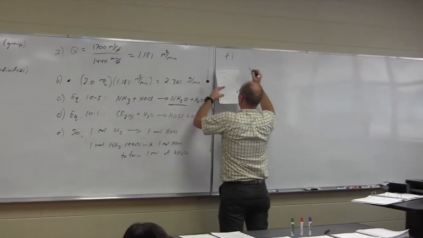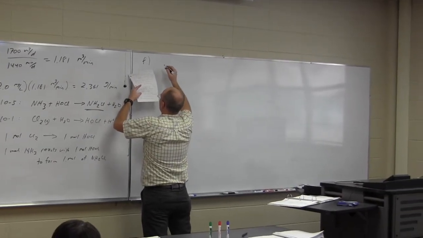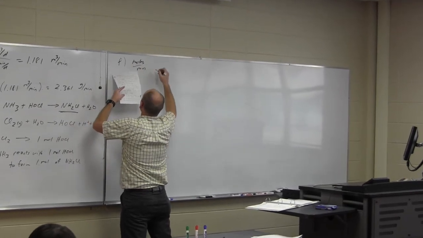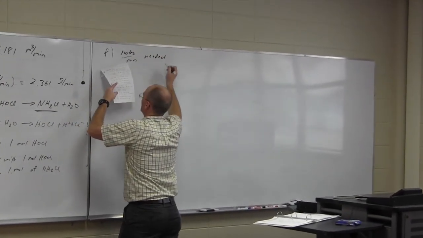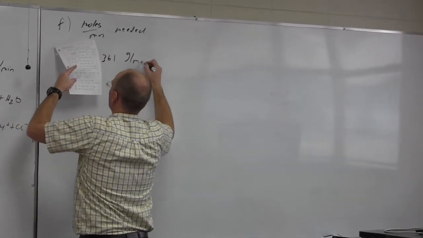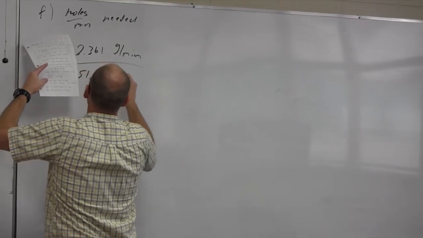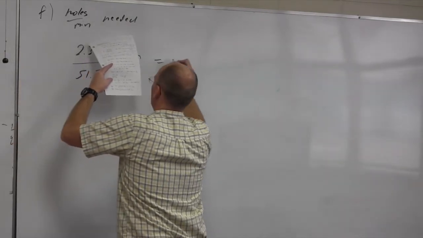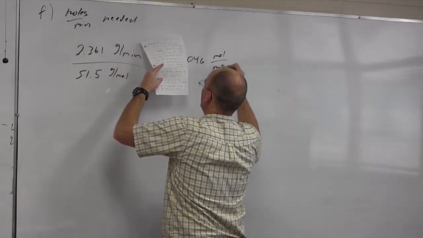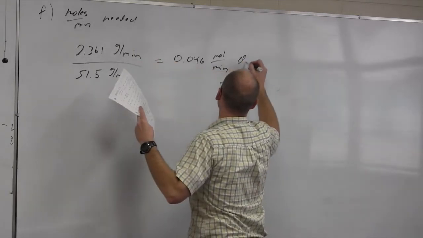Okay, so part F here. We're going to figure out the moles per minute needed. Okay, so we got 2.361 grams per minute divided by 51.5 grams per mole is 0.046 moles per minute of chlorine, Cl2.